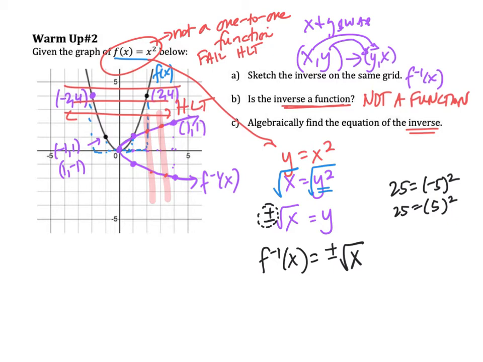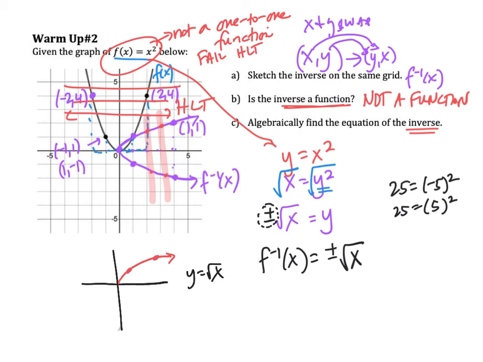So the positive portion, let's just kind of look at this. The positive portion, actually, let's separate it. So if I'm looking at y equals the positive side of square root of x, I'm looking at this upper portion right here, right?